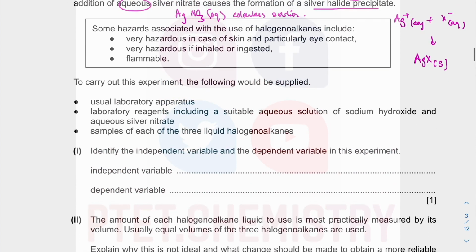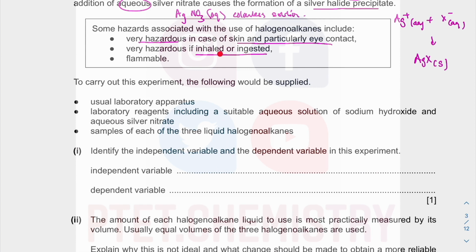Some hazards associated with the use include very hazardous when you have skin and eye contact. So obviously you will have safety goggles on, so you wouldn't necessarily have it go into your eye. But in terms of skin, we can think about chemical resistant gloves. Very hazardous if inhaled or ingested. I wouldn't worry about ingested because you don't eat the chemicals, do you?